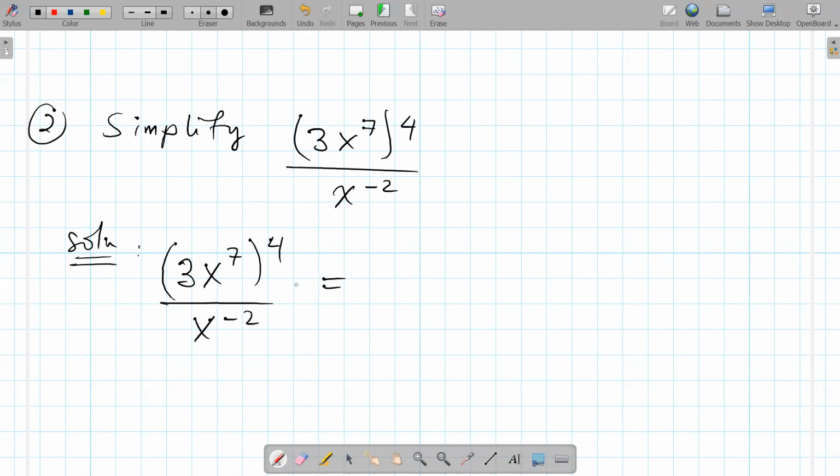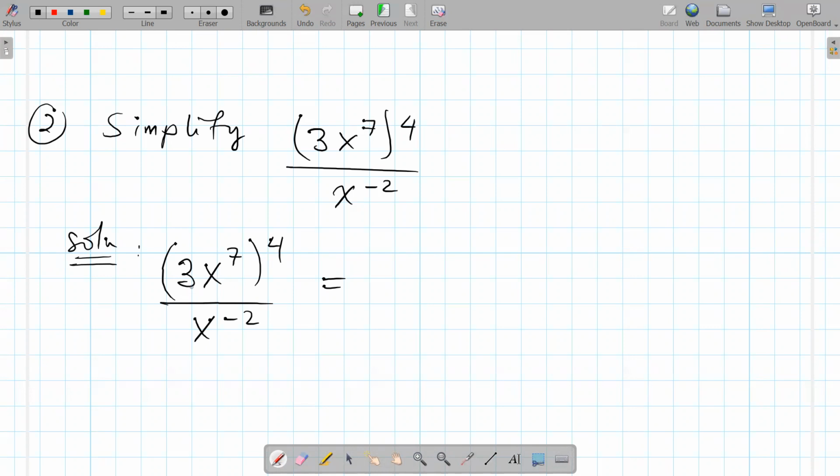Now, here we are going to apply some of the rules that we already know. In the numerator, we see that we have 2 items there. We have 3, and then we have what? X to the 7th power. And then they are all raised to 4. So this is a situation where you have 2 items in a room being covered by a roof or a ceiling, if you will, and the roof has an impact.